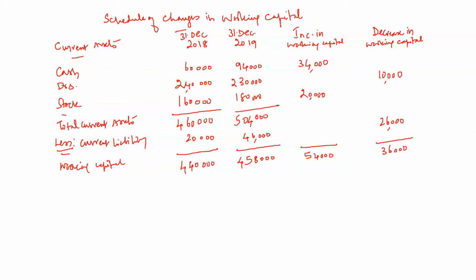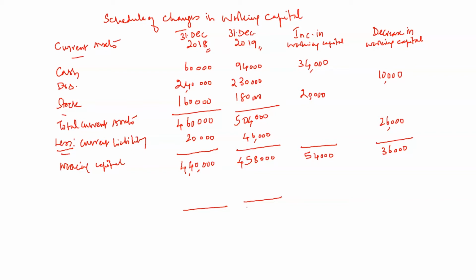It is very clear that you are managing your business with a working capital of 4,40,000 in 2018, whereas you required 18,000 more to manage the working capital in case of 2019, because there is an increase of 18,000 here.